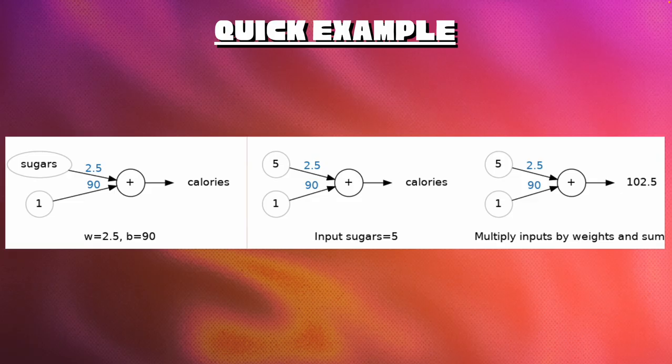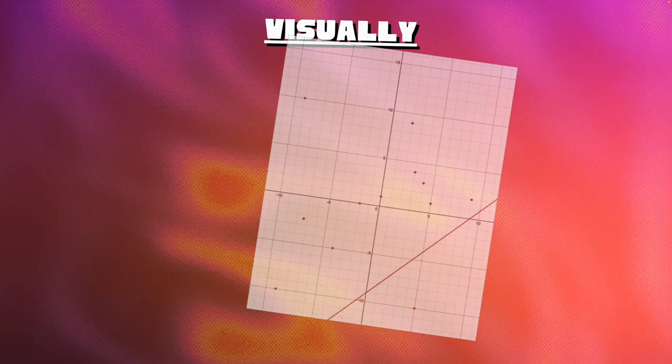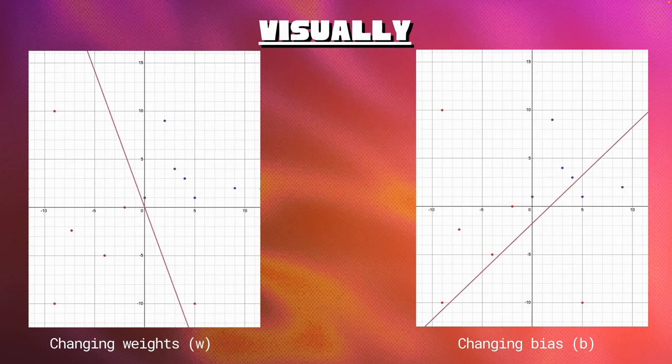So you take your sugars and multiply it by 2.5 in this case, which is 5 times 2.5, and then you add your bias of 1, which is multiplied by 90, which is your weight, and it gives you 102.5.